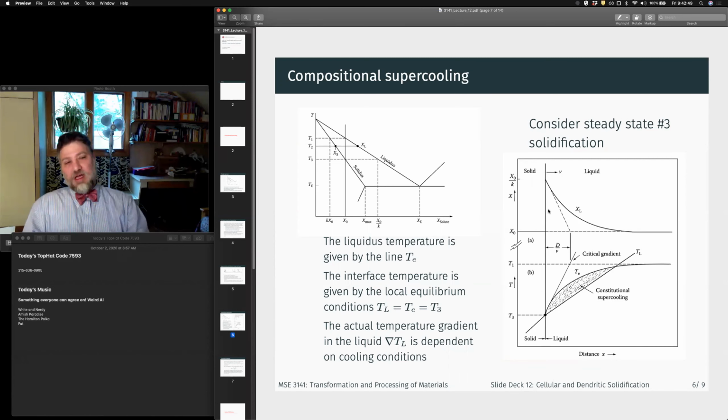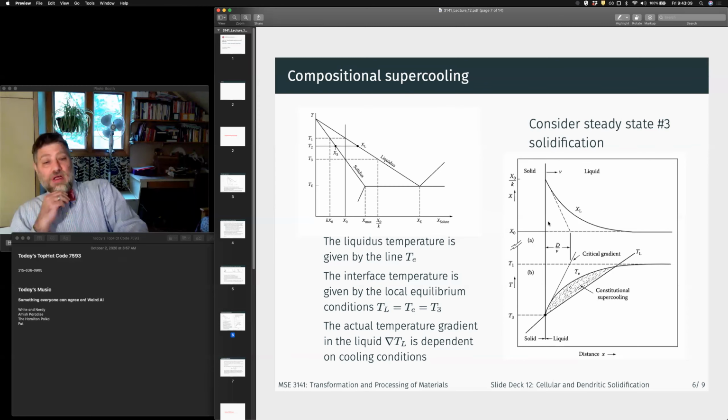But because we're changing the composition of our liquid as well, we can actually get an unstable interface even with heat flowing through the solid.